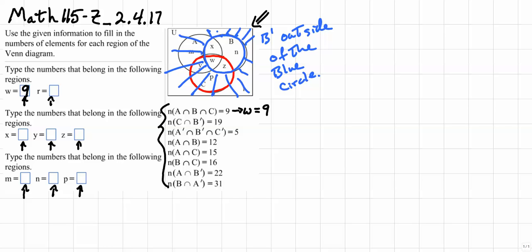And what I want to find is where it overlaps. Where does B complement overlap C? The only area for that is going to be in this area right here.